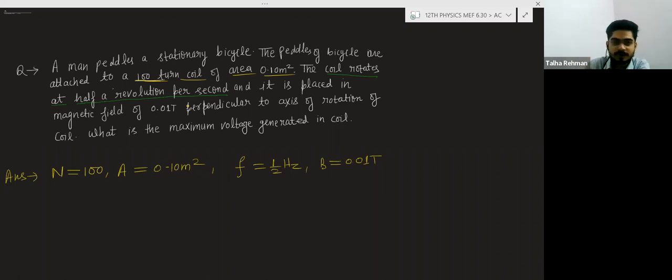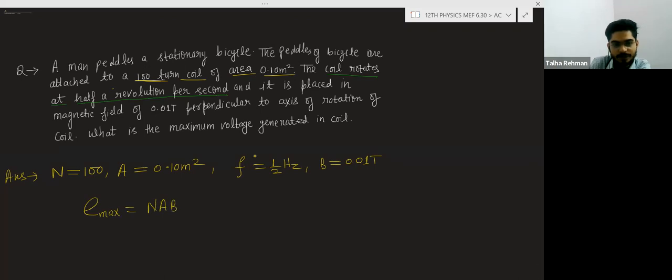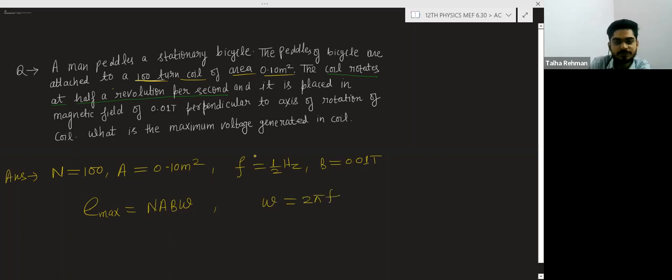Here it is given, frequency is given, means the coil is rotating in a given magnetic field. But what happens when the coil rotates in a given magnetic field? EMF is induced in the coil, and what is the maximum EMF induced? E max is N A B into omega. Omega is given by 2 pi into f, where f is the frequency.